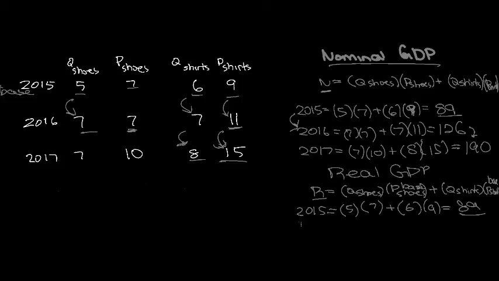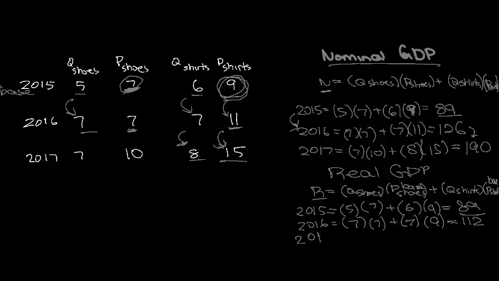Now for 2016, simply plug the numbers in: the quantity is 7, base year price again is 7. Remember, keep on looking at the base year price for both when you're considering real GDP. Plus the quantity of shirts is now 7 times 9. Remember, base year price is always 9, to get 112.